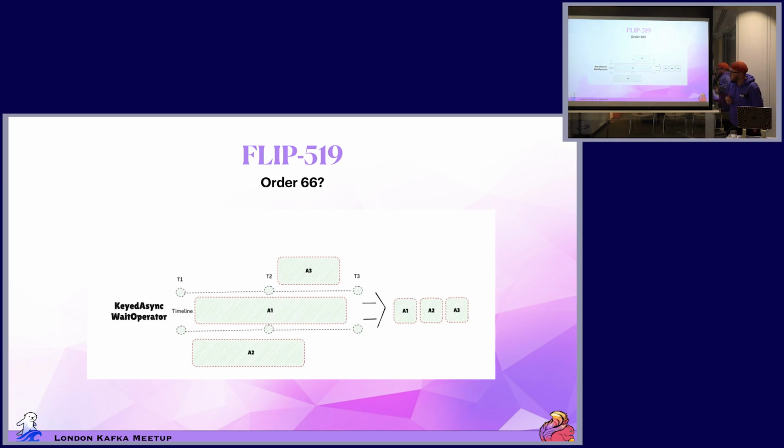And it means that with this idea of keyed async wait operator, you process different keys for your lookup joins in separate threads, and it's an independent line of execution. And then you have a guarantee that when you receive the data, all the updates for the same keys will be ordered and sequentially processed.